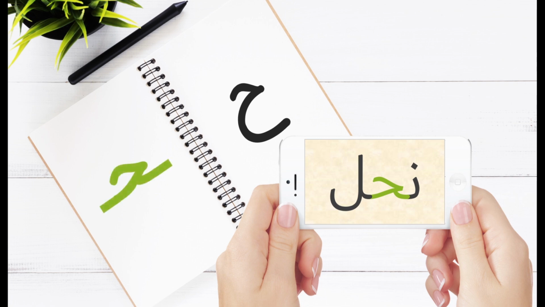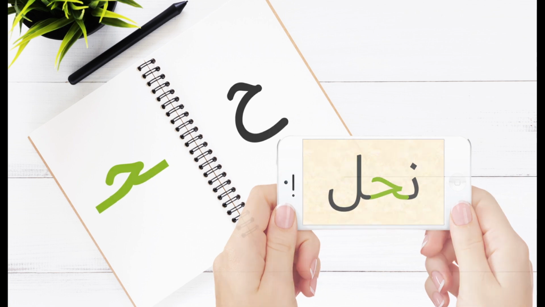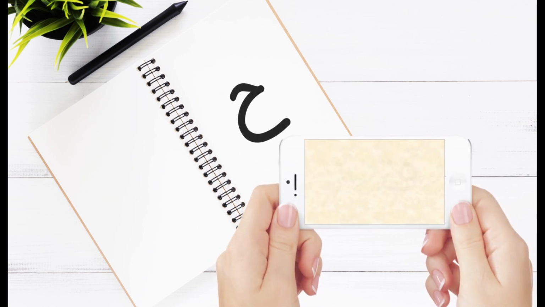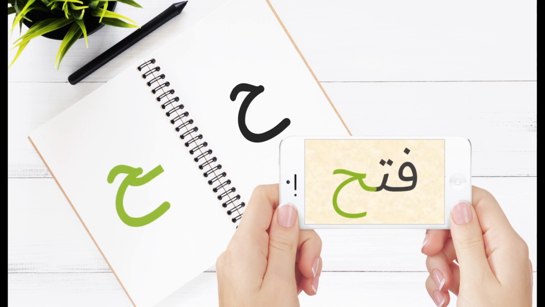One coming from the previous letter, and the other is leading to the following letter. In the final position, it keeps its full shape, in addition to a connecting segment coming from the previous letter.